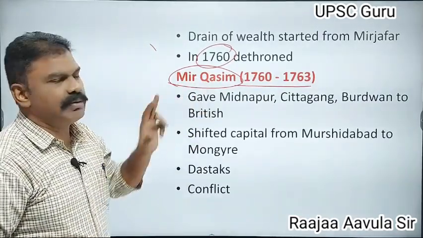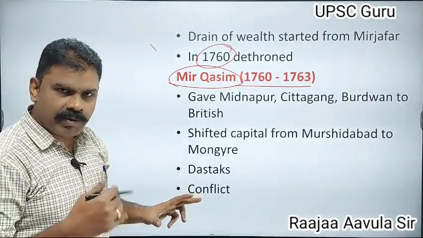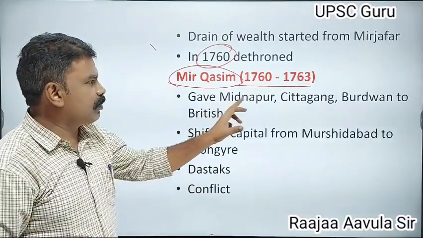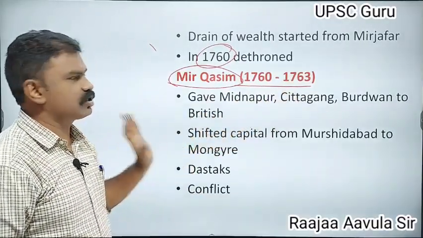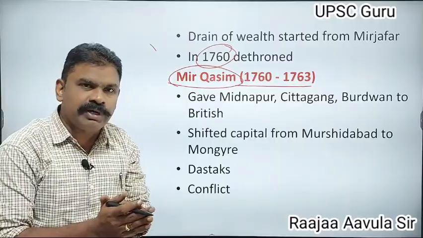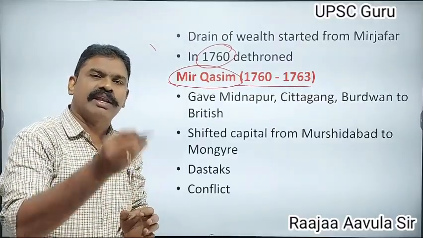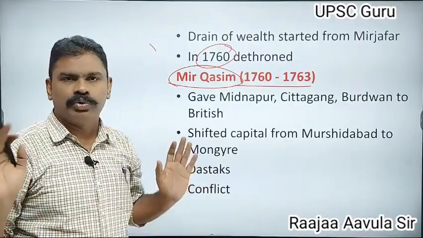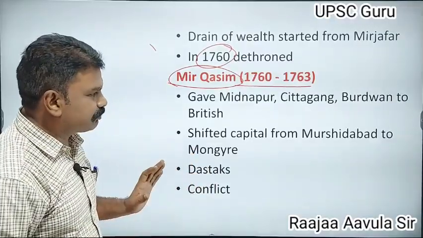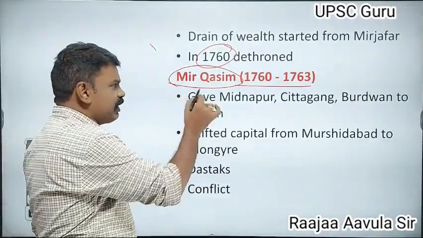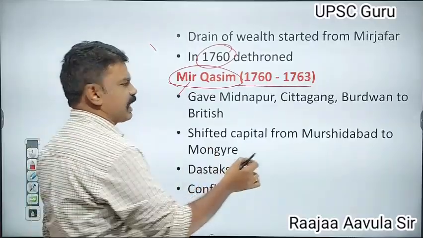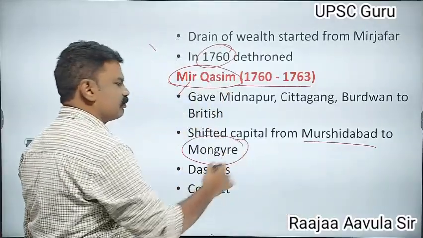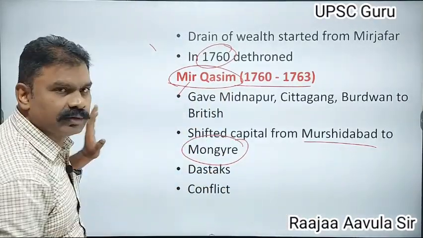When Mir Qasim became the Nawab of Bengal, he gave Midnapur, Chittagong and Burdwan to the British, and asked them not to involve themselves in the internal affairs of Bengal politics. But the British did not do that. Mir Qasim also shifted the capital from Murshidabad to Monghyr, which is in Bihar.